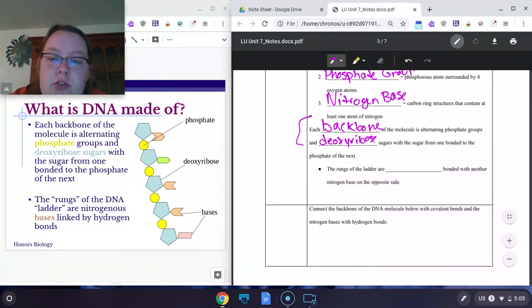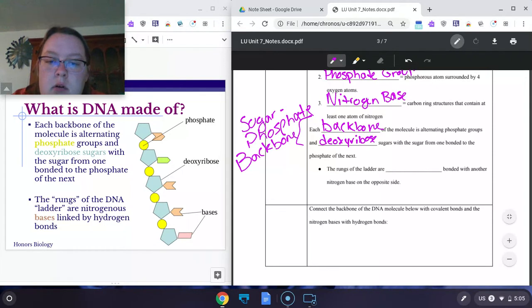Therefore, it is referred to as the sugar phosphate backbone, because it's made up of sugar and phosphate. Now, in the middle, the rungs of the ladder are going to be made up of those bases, those nitrogen bases.